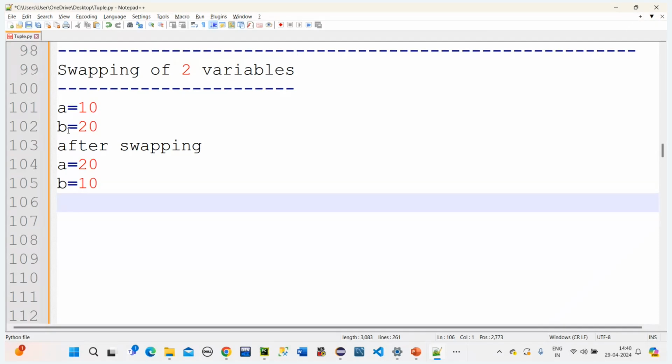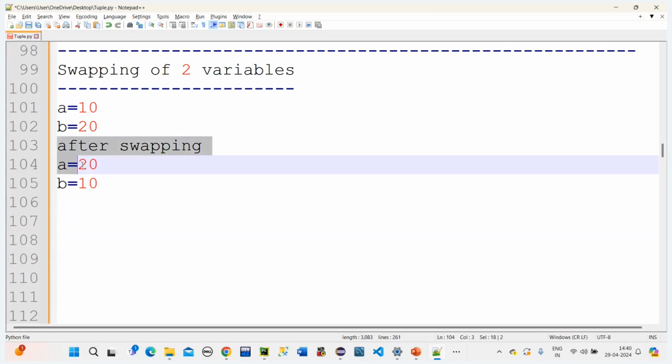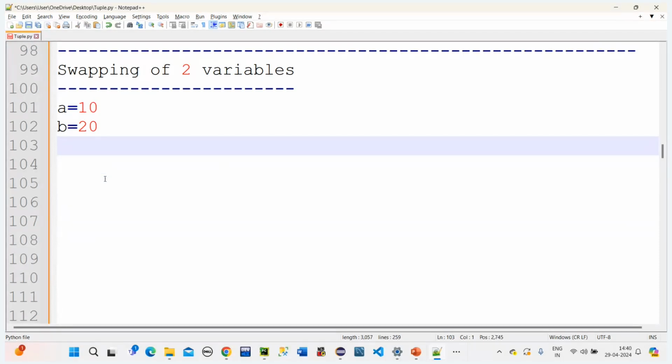Yes. But how is this swapping going to be done? This part I'm removing as of now. You understood what swapping means, right?